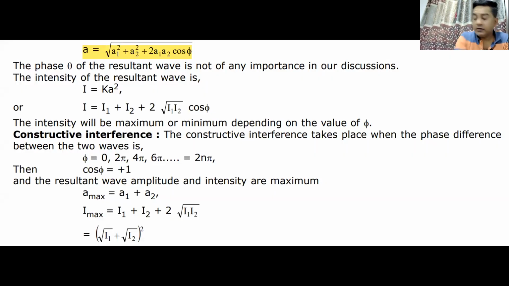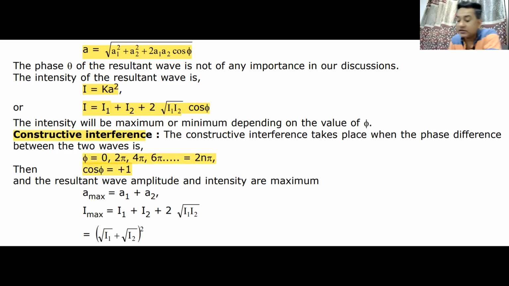Well, continuing our discussion on interference, constructive as well as destructive. If we talk in terms of intensity, intensity is directly proportional to A squared, so this becomes the formula for intensity. The next heading is constructive interference, and it happens when the phase difference is 2n pi.